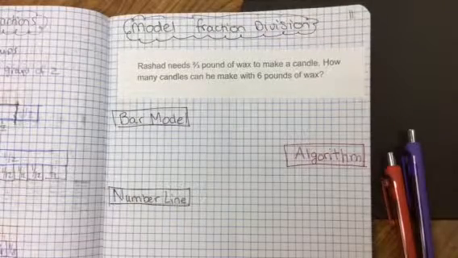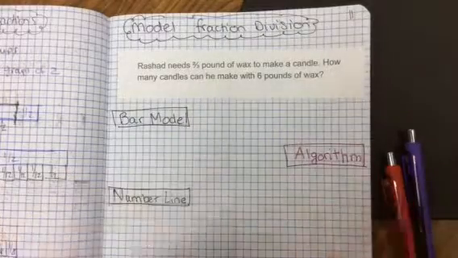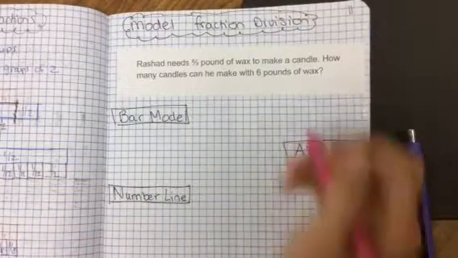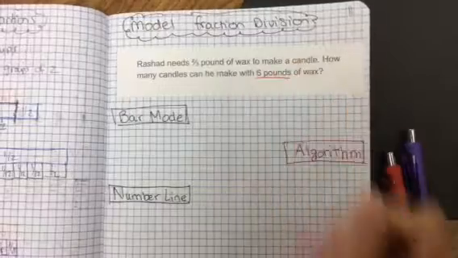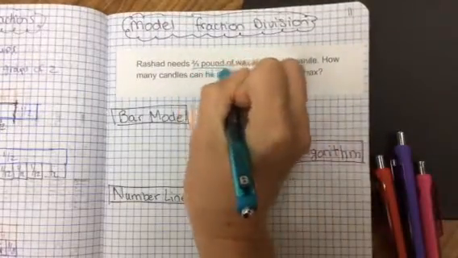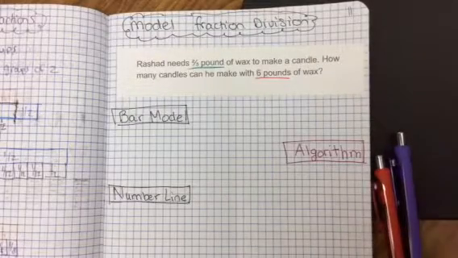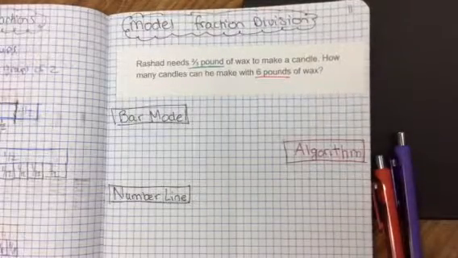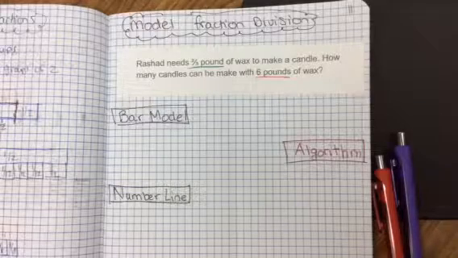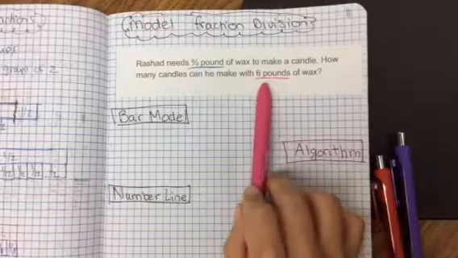So I need to first ask myself, what am I starting with, and then what am I going to be dividing that into portions of? So I see here that I've got 6 pounds, and then I also have 2/3 of a pound. And so I need to ask, what is he actually starting with? Looking at this problem, I can see that he is starting with 6 pounds of wax.